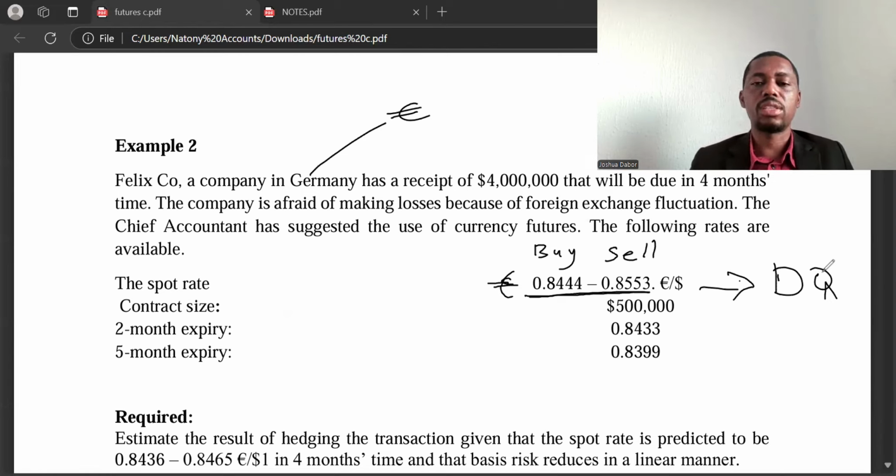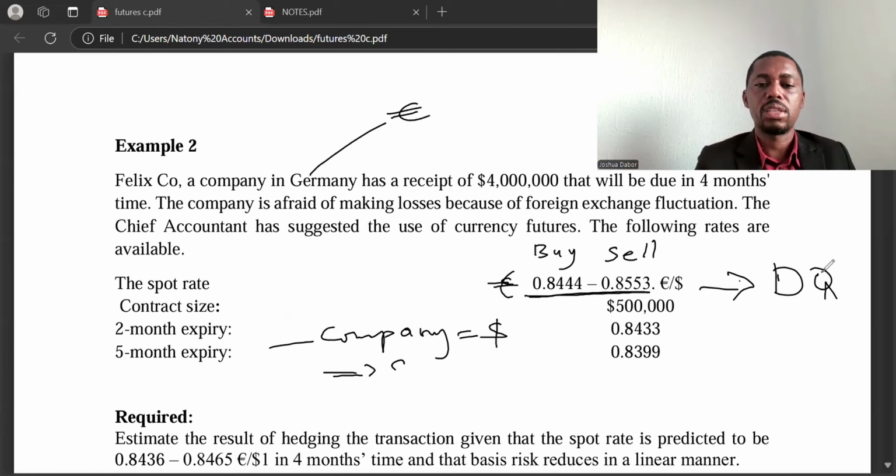So in this question, is it a receivable or a payable? It is a receivable. So since it is a receivable, it means that the company, which is Felisco, will receive which currency? The USD, and the company will finally do what?